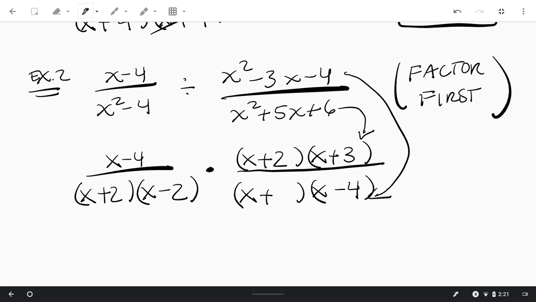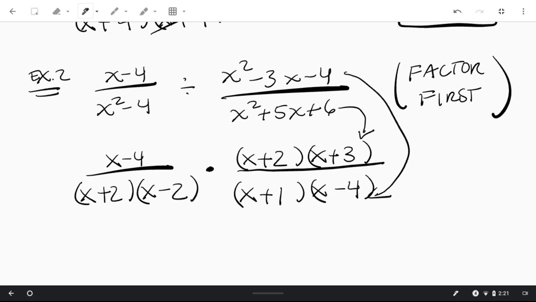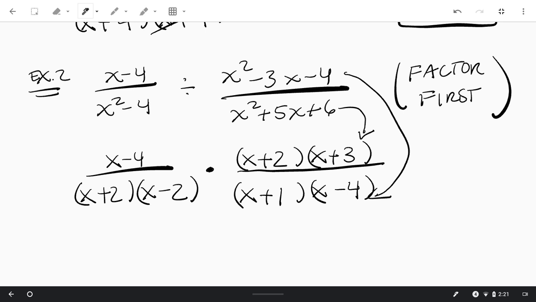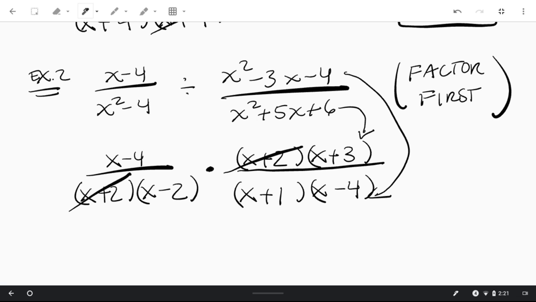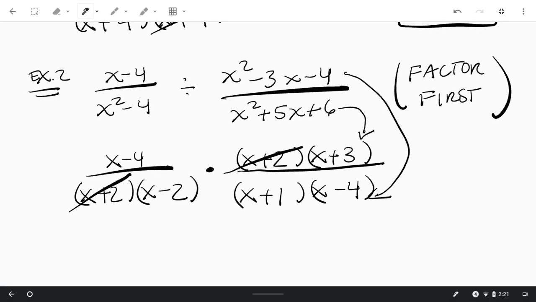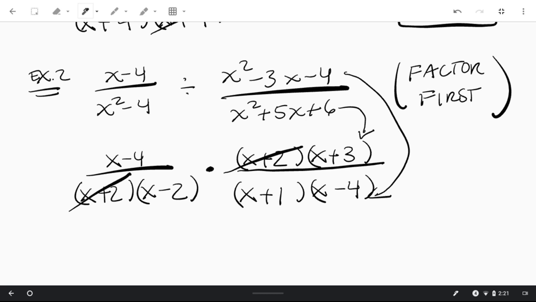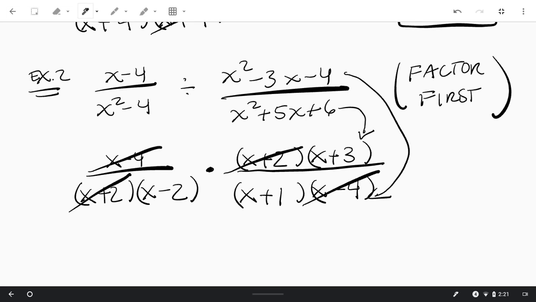All right, so once you have all of your factors, then you can go ahead and cancel. So x plus 2, those guys can cancel. And x minus 4, these guys cancel.